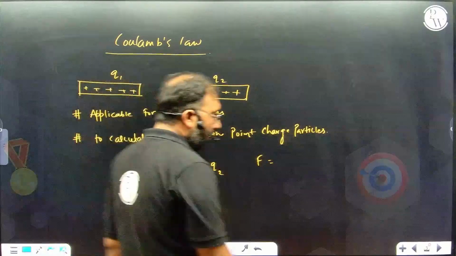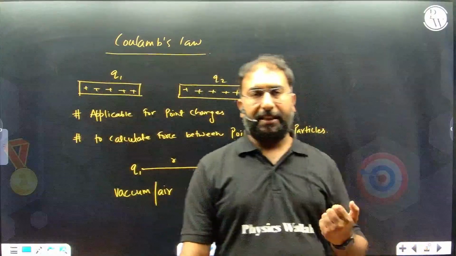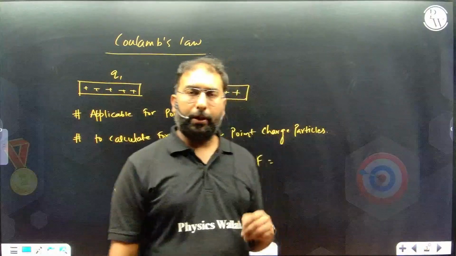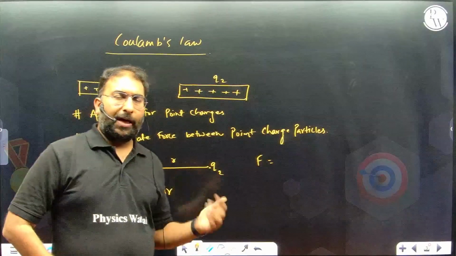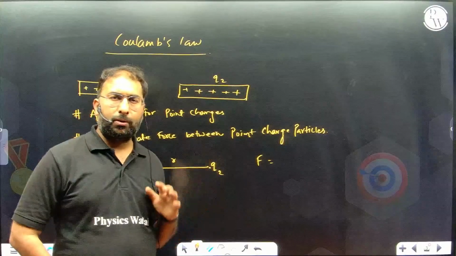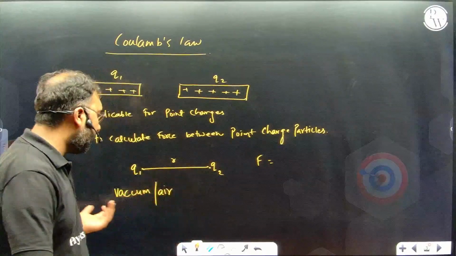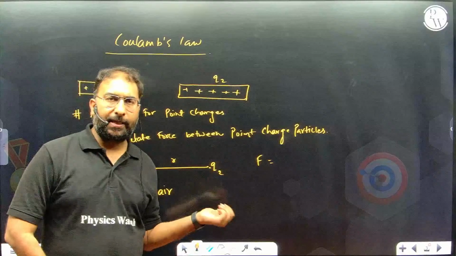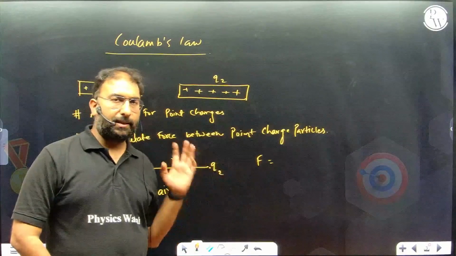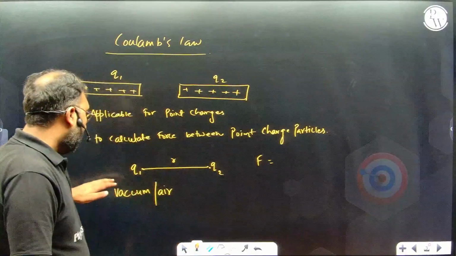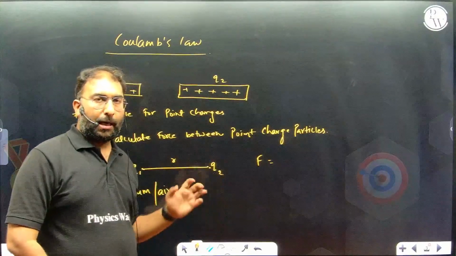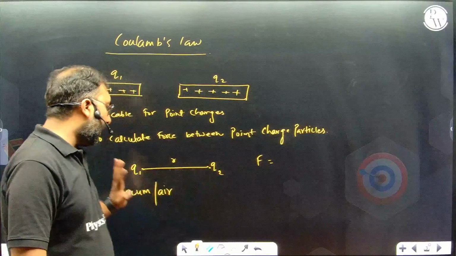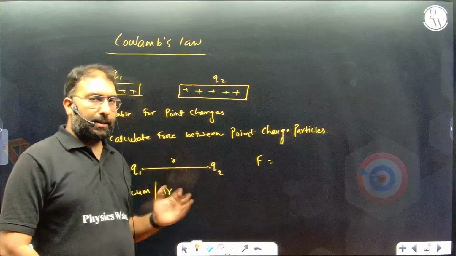Okay, so I have taken that both the charges are placed in vacuum or in air. In electrostatics, for us, vacuum and air is almost the similar thing. Till the molecules of air are not polarized, till that time vacuum and air are the same thing for us.